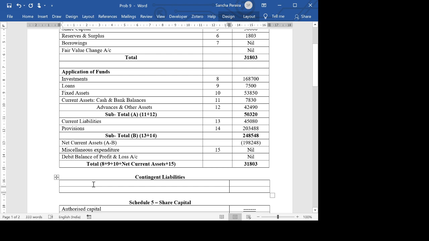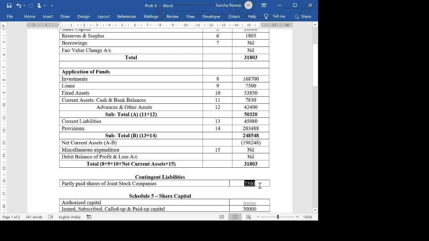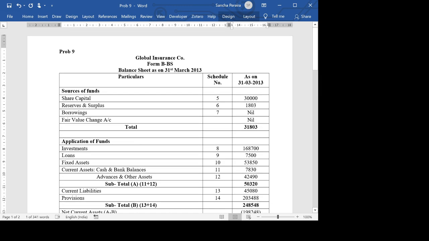There is a liability for rupees 7,500 in respect of partly paid shares of joint stock companies. So this is how problem 9 is done.